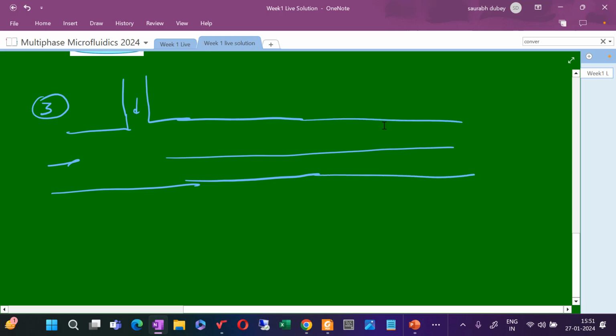This wall is fixed, so there will be u equals 0 and v equals 0 conditions here. Suppose you take a datum z, and this is x. At z equals 0, v equals 0, and at z equals the diameter, v equals 0 also. And this is the interface.